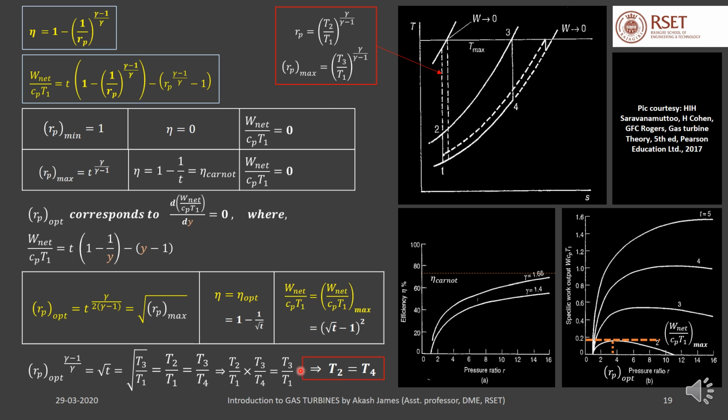That is, T2 is equal to T4 for the optimum pressure ratio. In other words, in the TS diagram, states 2 and 4 will lie on the same horizontal line. At stage 2 and stage 4, the temperature will be the same. That is a condition for maximum work output.